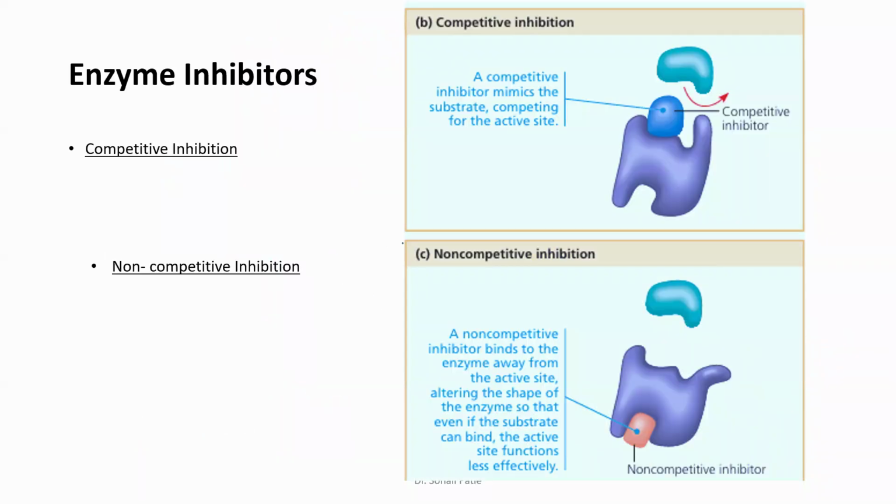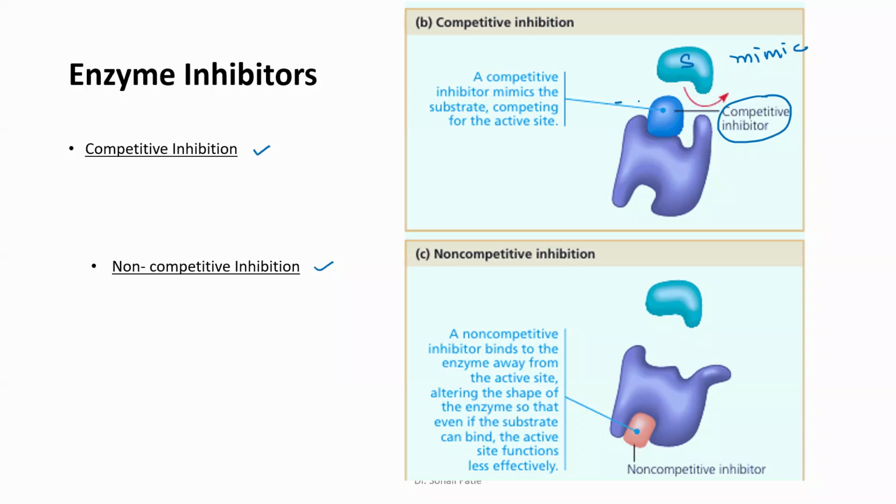Enzyme inhibitors are those substances which inhibit or interfere with the enzyme activity. There are two types of inhibition, competitive and non-competitive. As its name indicates, competitive means it will mimic the shape of the substrate and doesn't allow the substrate to bind.